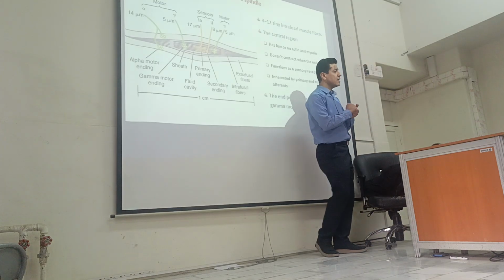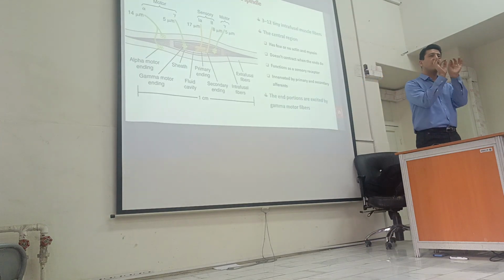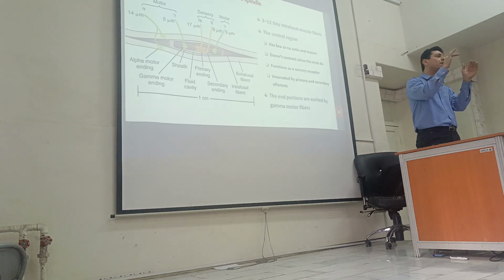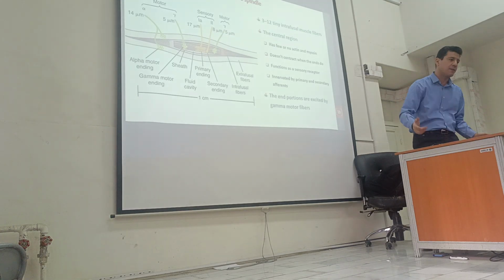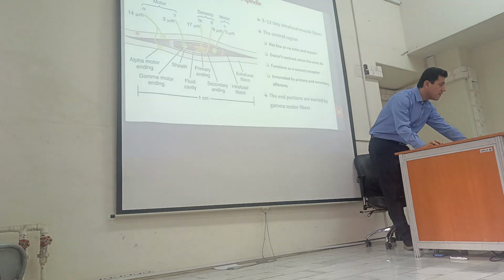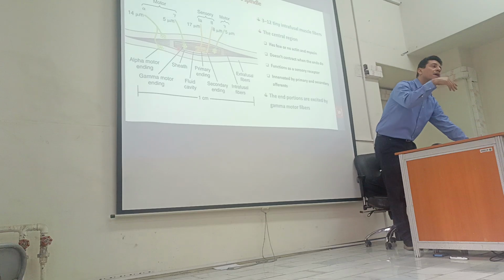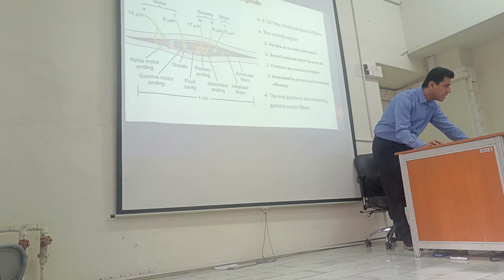So now let's see spindles. I told you that they are very small, located between the extrafusal fibers, right? So this one and this one are extrafusal fibers, the main fibers of the muscle. Then we have the spindle here. The spindle is covered by a sheath. This one.